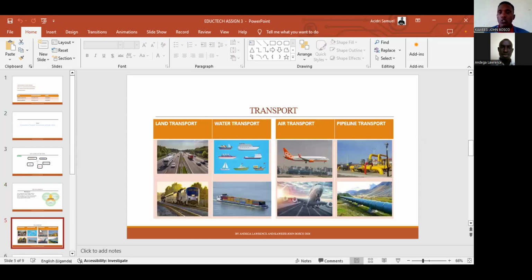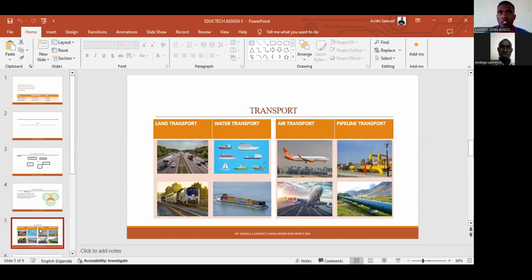So we shall also look at transport. Transport refers to the movement of people with their goods from one place to another. So in geography, we shall include even our geographical terms, for example, phenomena.